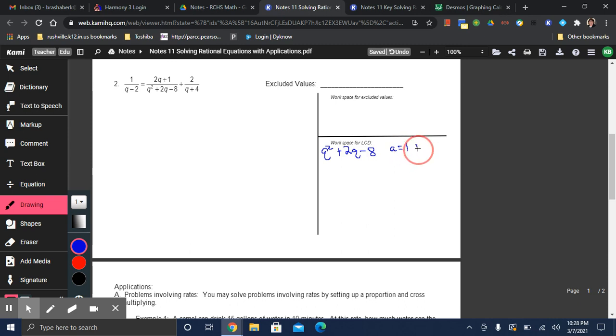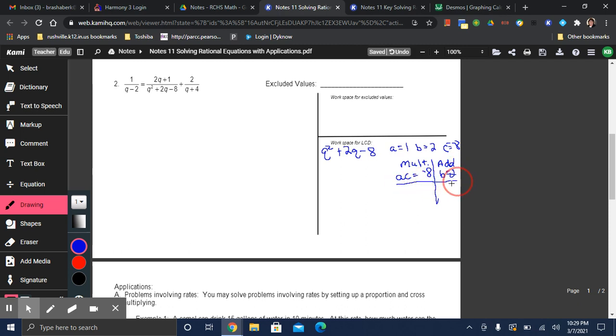A is 1, B is 2, C is -8. If we look at what would multiply to give us our AC, which is -8, and what would add so that B is 2.